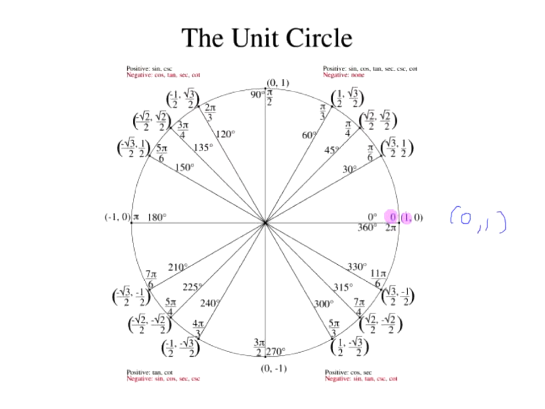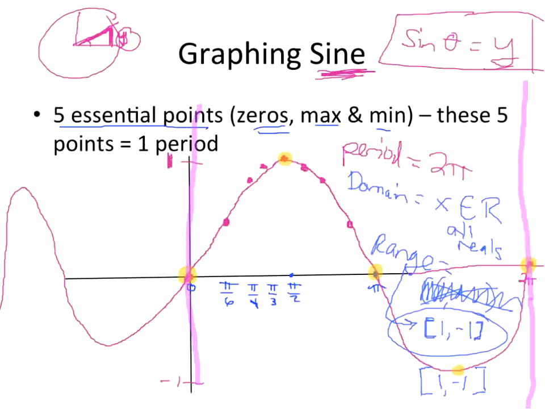So at 0, it would be a 1. That would be a coordinate on my graph. At pi over 2, it would be a 0. At pi, it would be a negative 1. And those would be some of the coordinates on my graph.